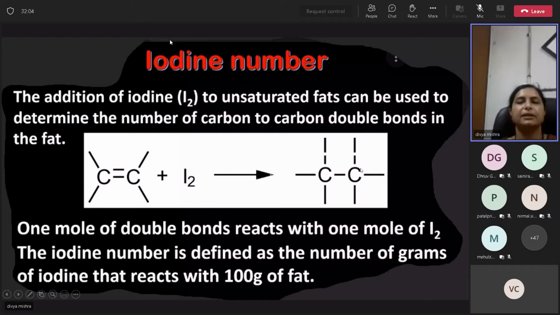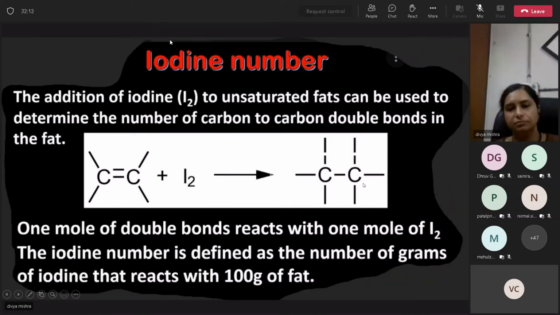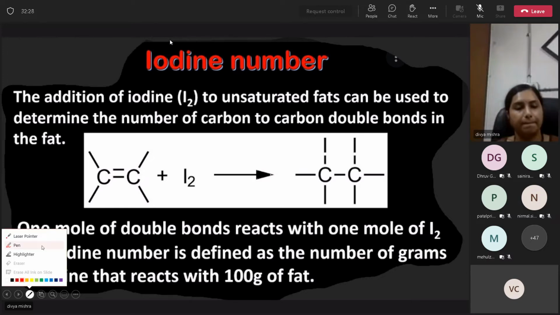This is the basic principle we use to determine the iodine number. One mole of double bond reacts with one mole of molecular iodine, I2. The iodine number is defined as the number of grams of iodine that reacts with 100 grams of fat.